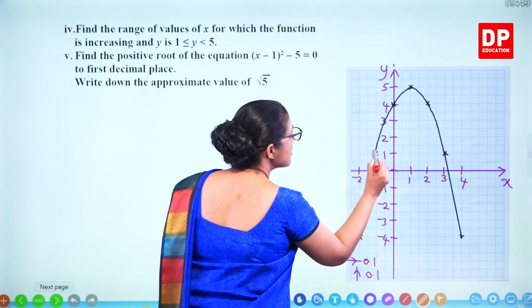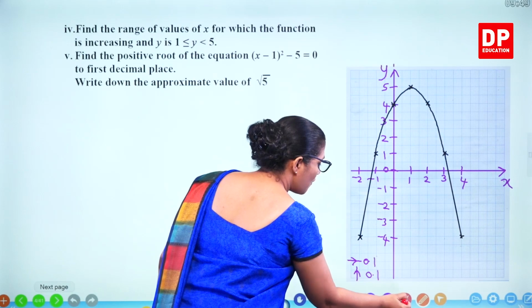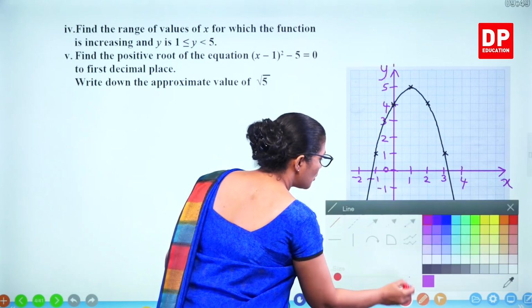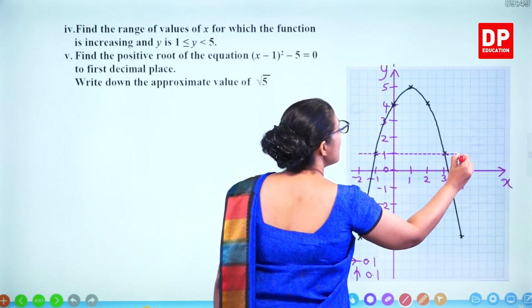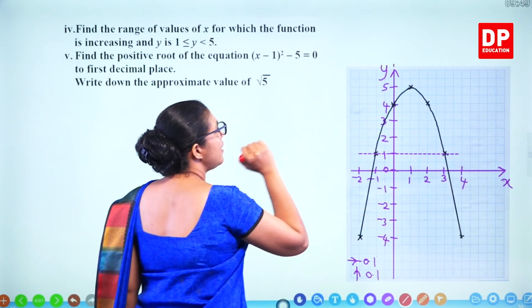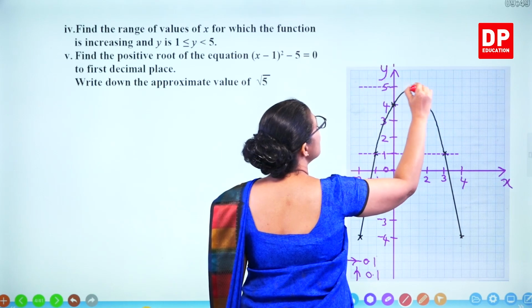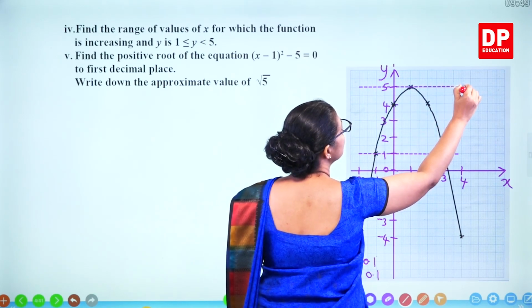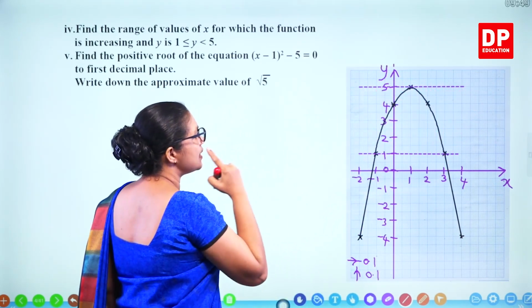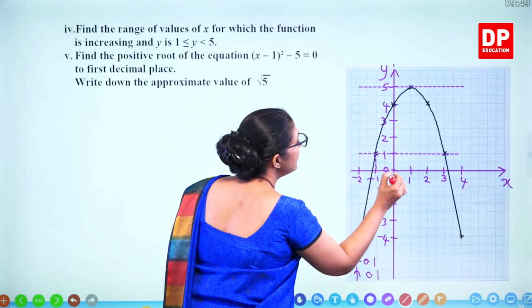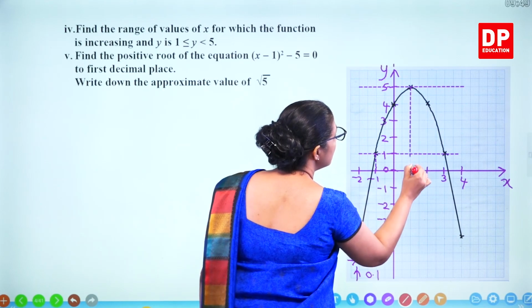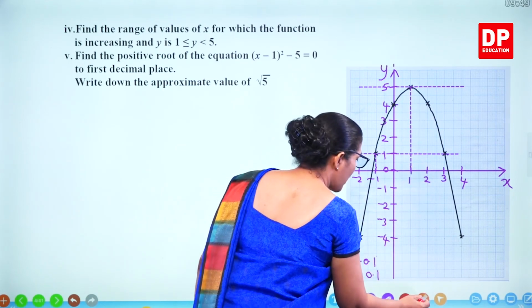Here, that's minus 1. If you are drawing the 2 lines you don't need it, but think about it: this is y equals 1 and this is y equals 5. So what's the x value here and here? How can you write it down?